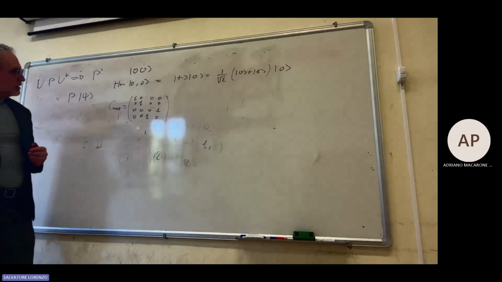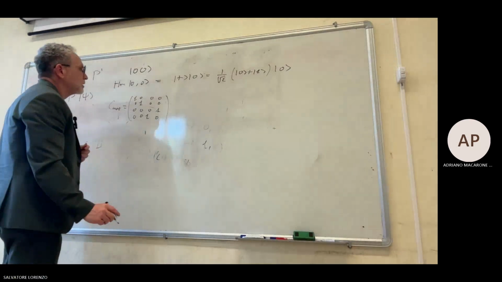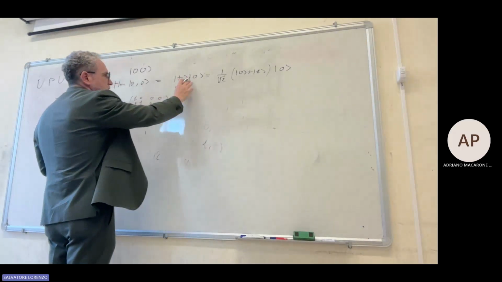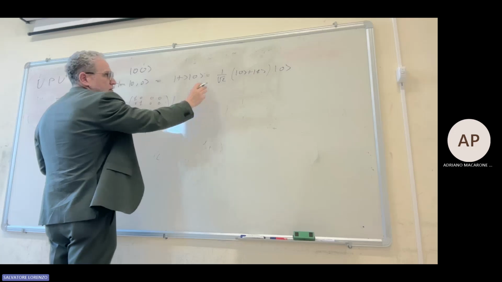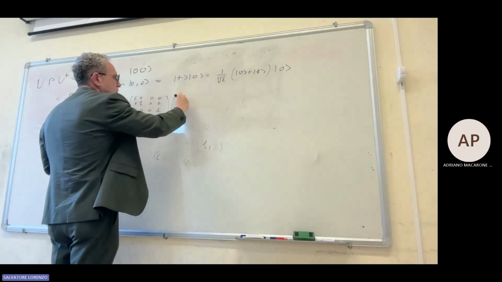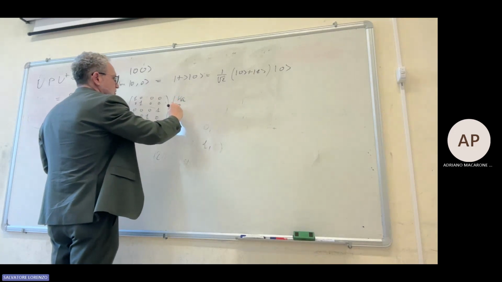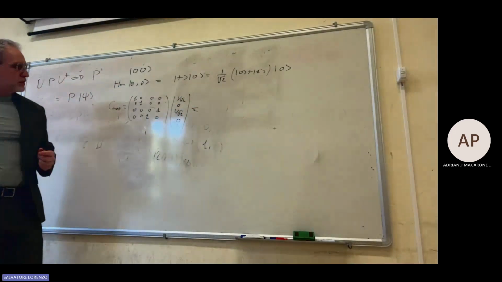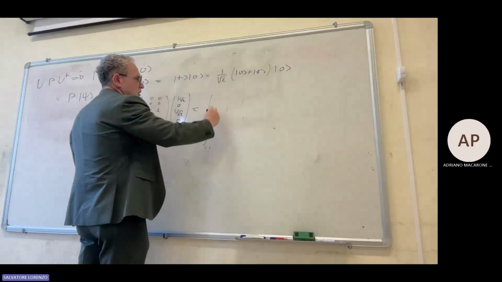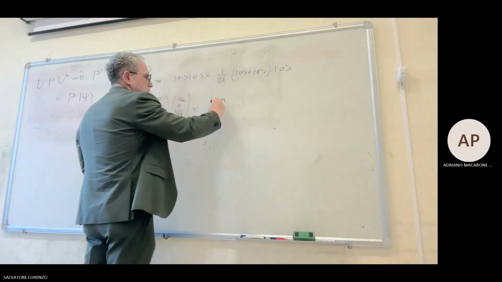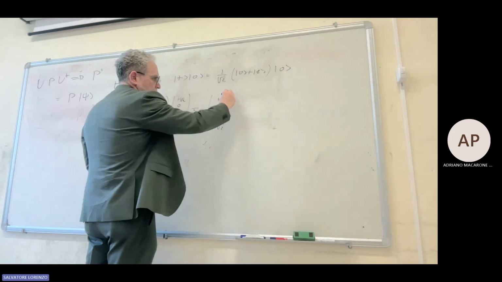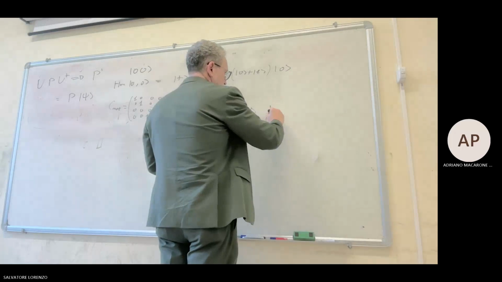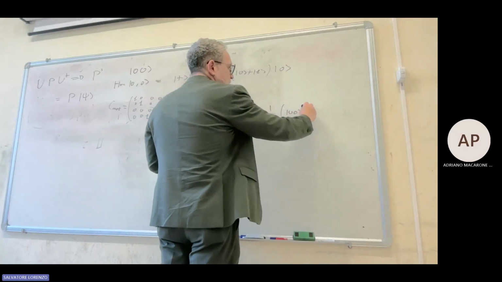If we apply it, this state can be written as 1 over square root of 2, 0, 1 over square root of 2, 0, and what you obtain is simply 1 over square root of 2, 0, 0, 1 over square root of 2. That is nothing else than the state that we already well know.